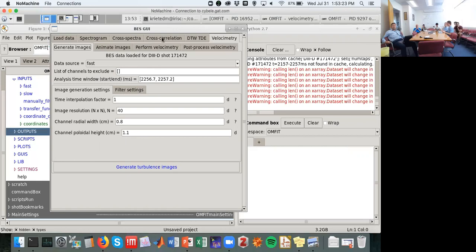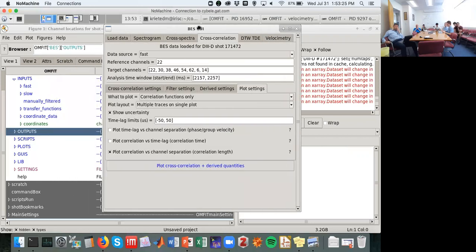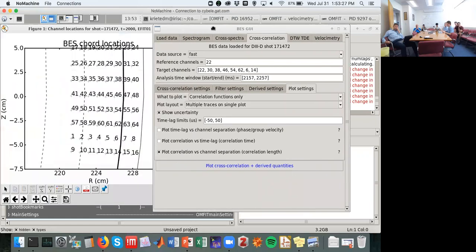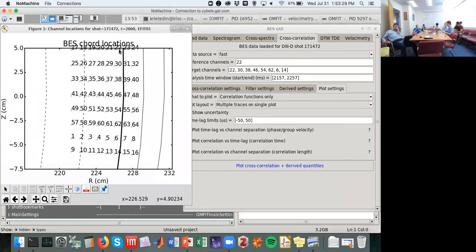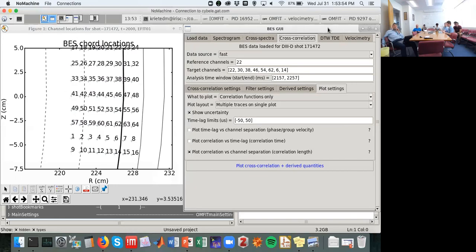Similar to how for the cross correlation data, I picked one column and looked at the cross spectra down this whole column to identify frequency ranges where the turbulence is coherent, to do velocimetry you have to repeat that step for all the columns. So for all 8 columns, you have to look at cross spectra, identify frequency ranges where the turbulence is coherent, and then manually filter the BES channels for each column. That process takes a while to do.